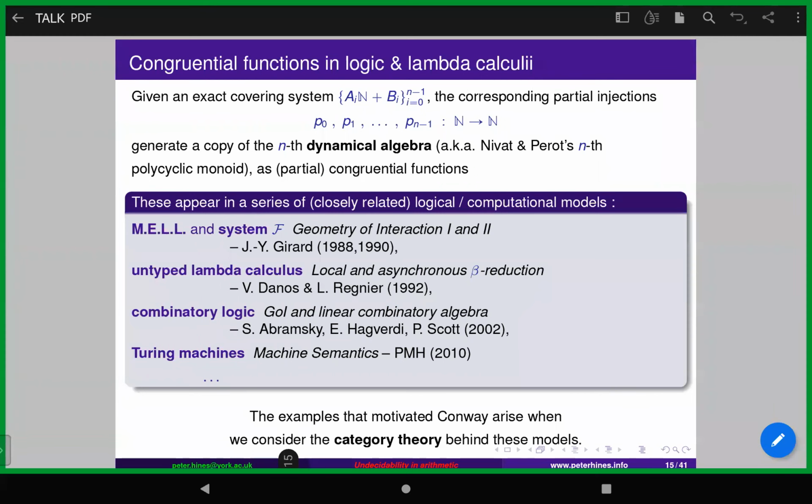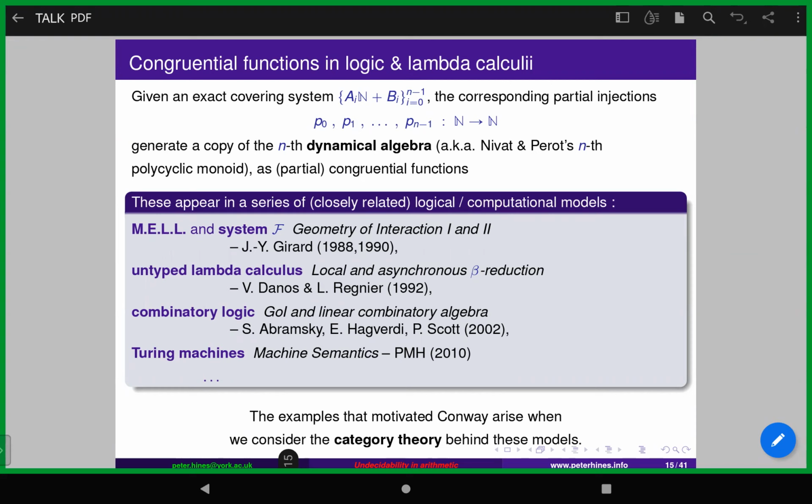And not only is it familiar to my specialist fields, it's familiar in an awful lot of other specialist fields as well. So if you're into, say, semigroup theory, you would know this as Nivat and Perrot's polycyclic monoid. If you're into C-star algebras, you would probably be talking about the Cuntz algebras. The logicians, they know it as the dynamical algebra.